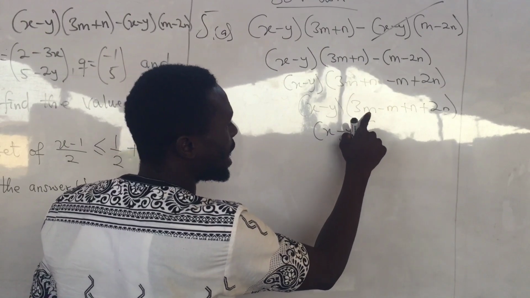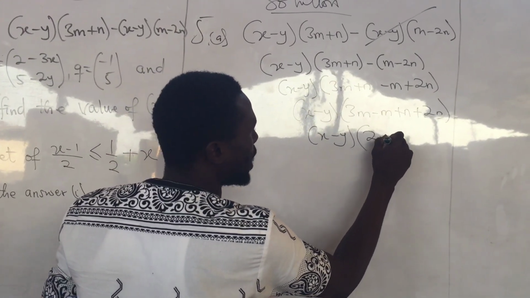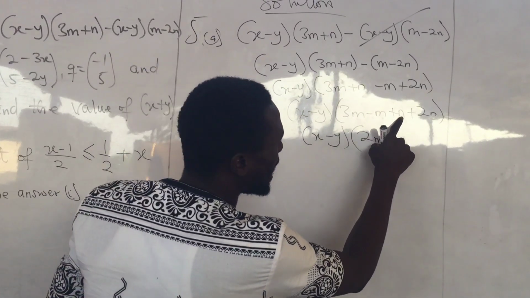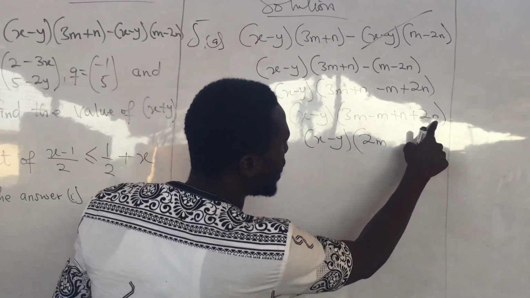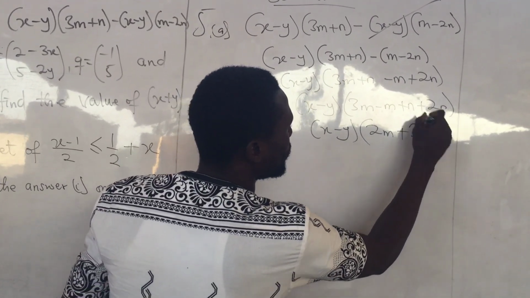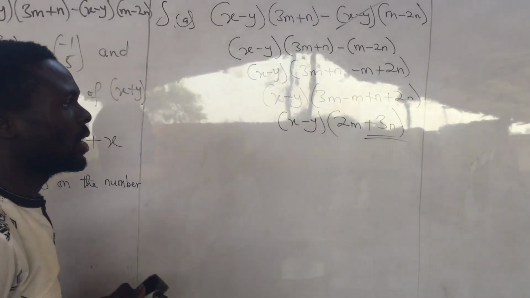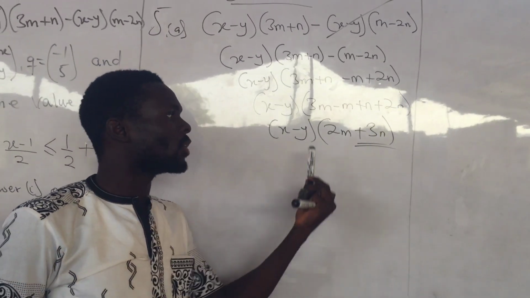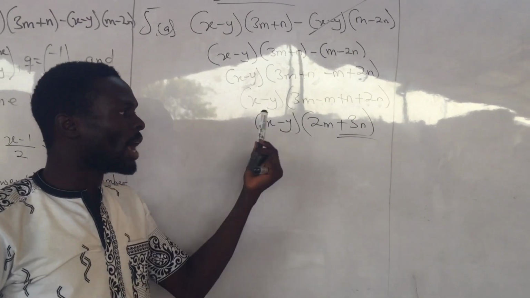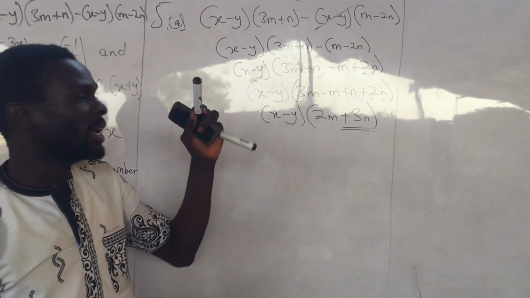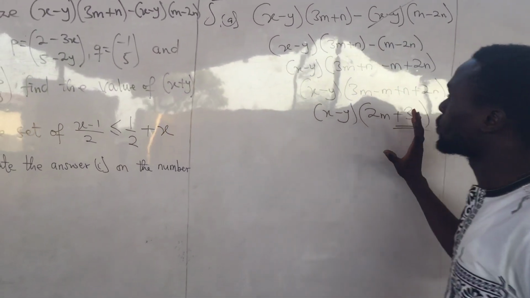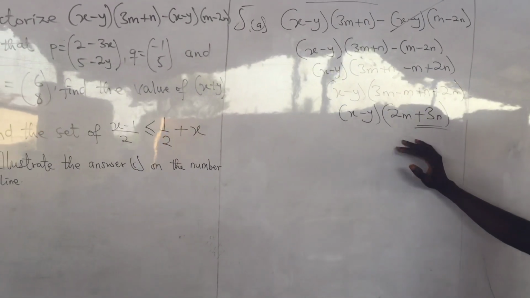Bracket of 3m minus m will give you 2m. Then you have n plus 2n, which is going to give you 3n. So to factorize the number 5a, we are going to get x minus y, bracket of 2m plus 3n. So this is what we were supposed to do for the 5a.